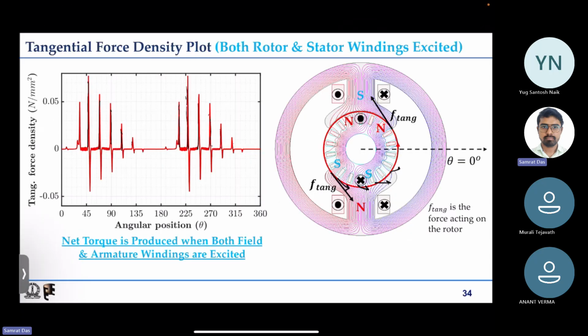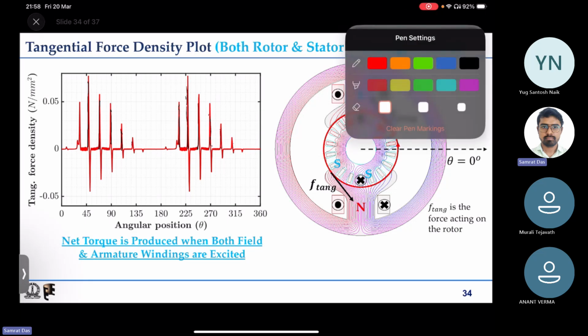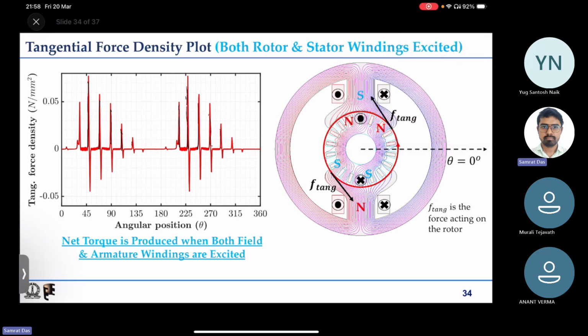Now if we try to realize the direction of the tangential force from the north and south poles that we have in this case, you can look at that you have almost two rotor north poles of almost equal strength, and you have a stronger south pole here and a weaker south pole here.